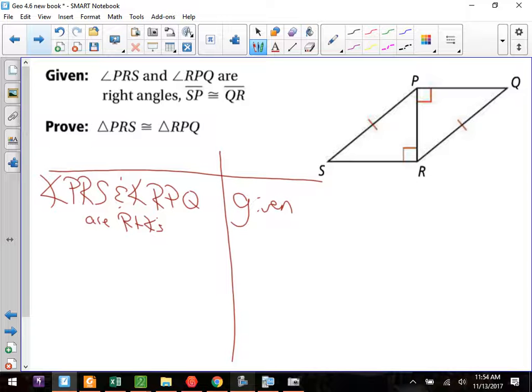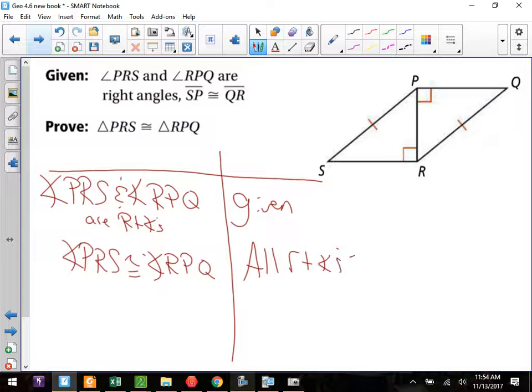So then you just say angle PRS is congruent to angle RPQ, because all right angles are congruent. I know we put that in a box on its own, I think. Otherwise, if you just look at where you have perpendicular, it's kind of using the same thing.